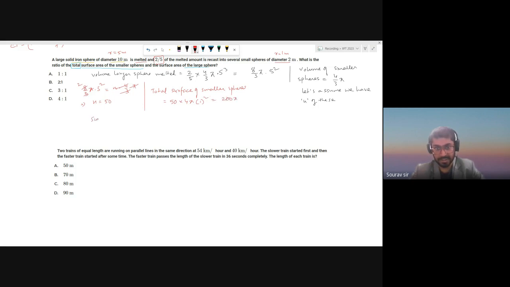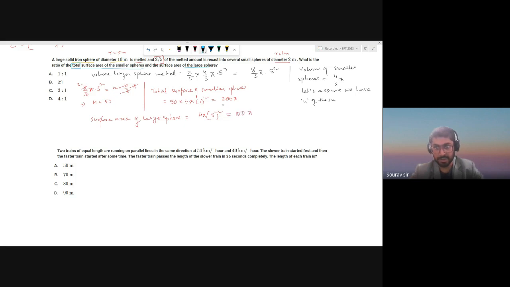Now the surface area of the larger sphere. This would be 4 pi into 5 square. There's only one of it. So 5 square is 25, 100 pi.